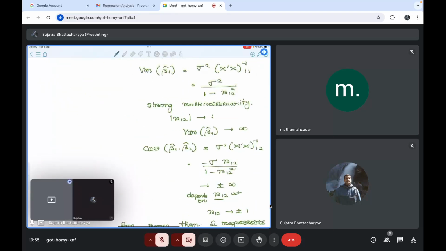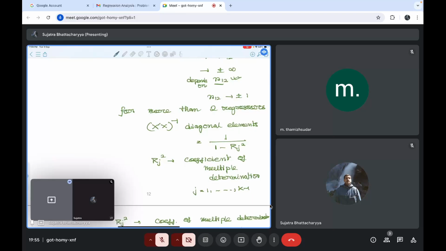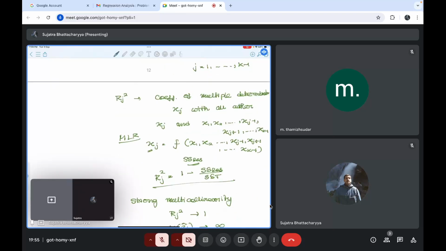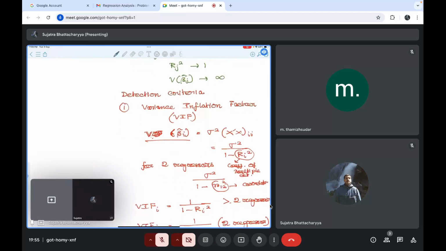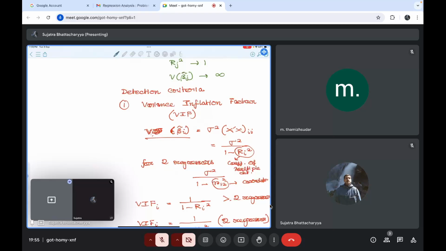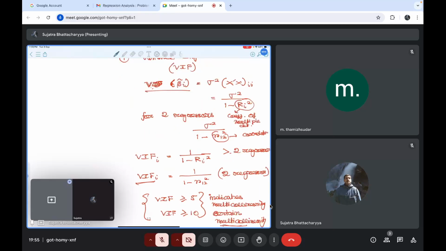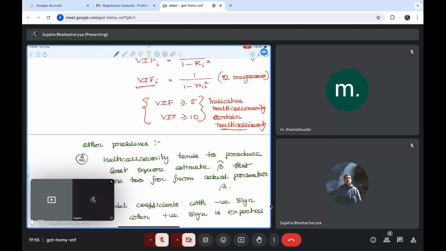The variance inflation factor is a very strong criterion for detection, which is 1 upon 1 minus Ri square for more than 2 regressors, or 1 upon 1 minus R12 square for a 2 regressor model. Mostly the questions are with 2 regressor models, so it is best to use the correlation.